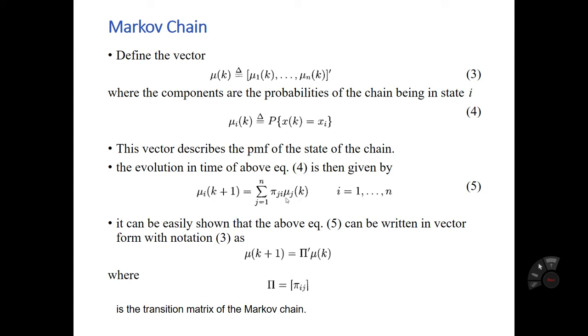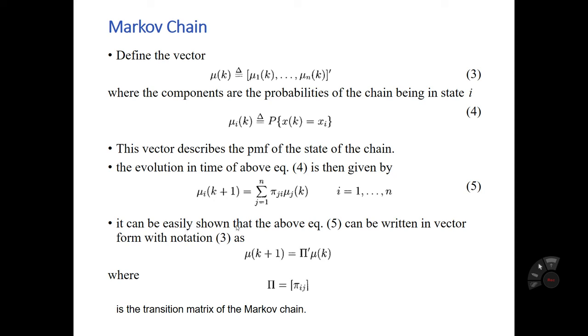But ui is the sum of the probabilities, and we multiply by this transition matrix, pi ji, the transition matrix, to update the object existence probability.